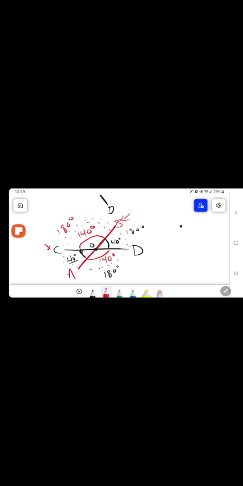Now I want you to notice something special about those relationships. Let's go ahead and redraw this a little bit cleaner. Okay, so this is 140, this is 140, this is 40, this is 40.